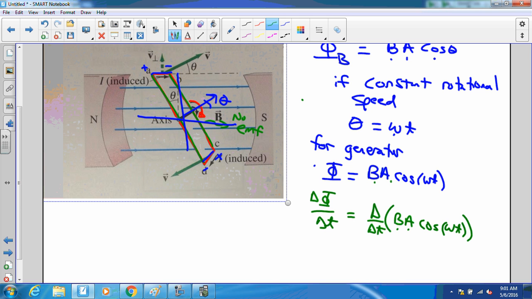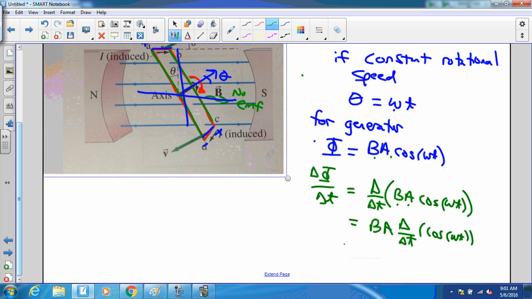Because B and A are constant, I can just factor them out, so what I end up with is the rate of change of just cosine omega t, and that's exactly what we did on the other page. That is equal to negative BA omega sine omega t.